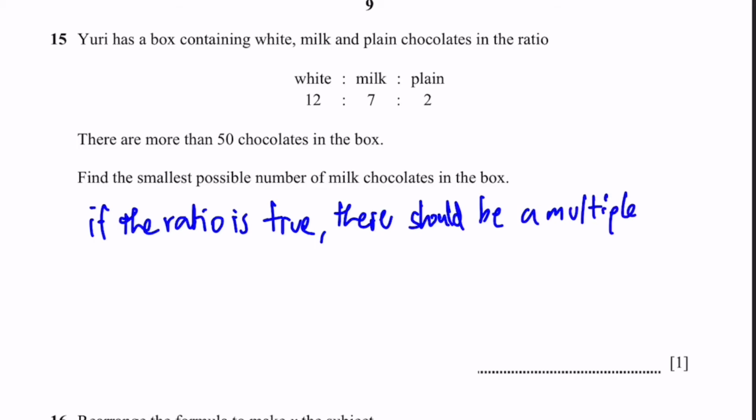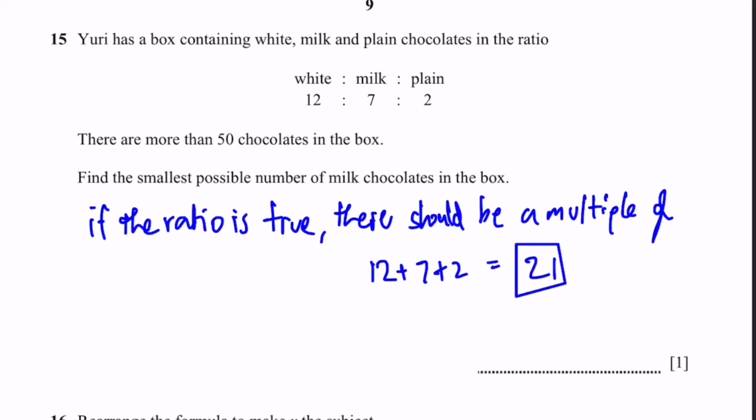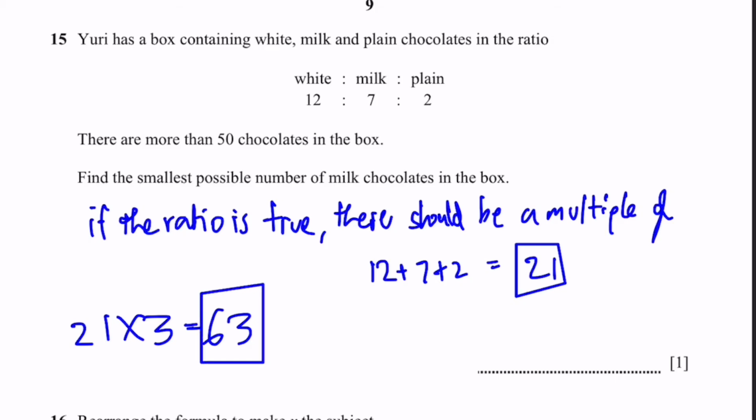And what number is that? 12 plus 7 plus 2, which is equal to 21. So it should be a multiple of 21. So 21 into 3 is equal to 63, which is actually the smallest multiple of 21 greater than 50.